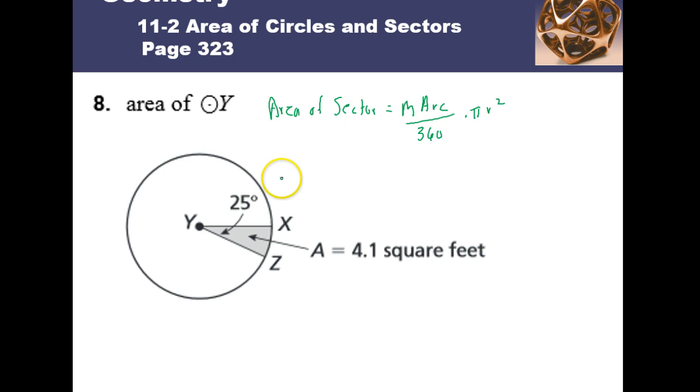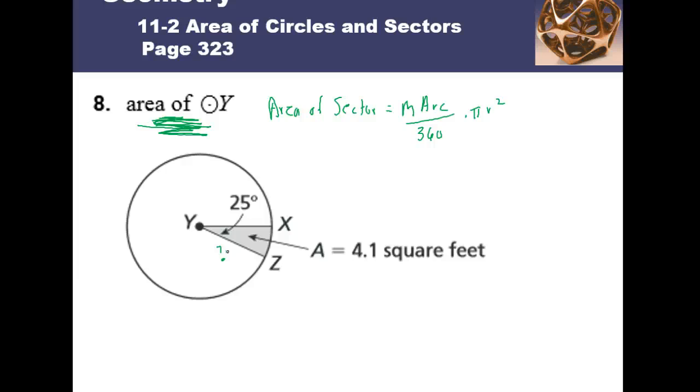And this time, oh no, it wants us to find the area of circle Y. Ooh. Well, to find the area of circle Y, we need r, right? And it doesn't look like we have r, so we're going to have to work backwards to find r, and then we're going to have to use whatever r we get when we find the actual area of a circle. Okay?